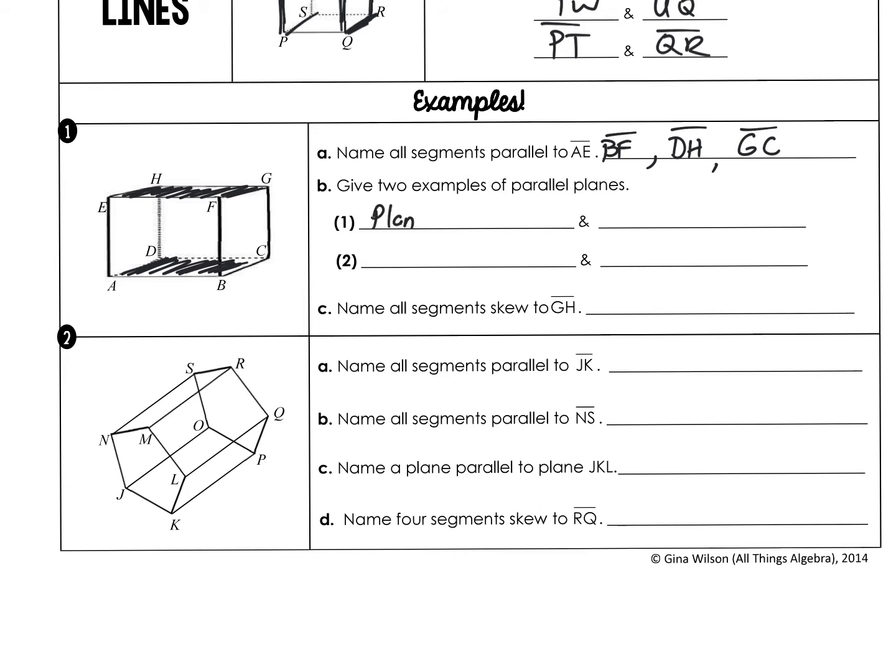So remember you need three letters to define a plane, or to name a plane. AD. Okay. And plane EFG. So that's the top and bottom.